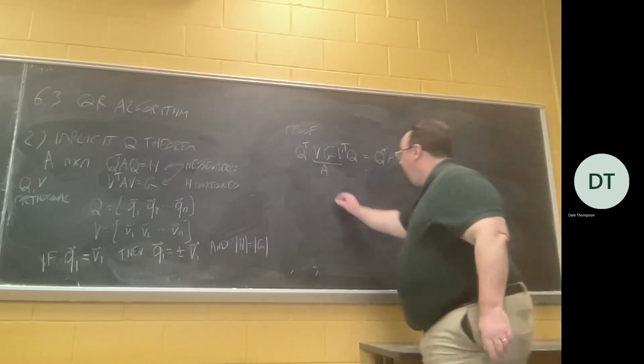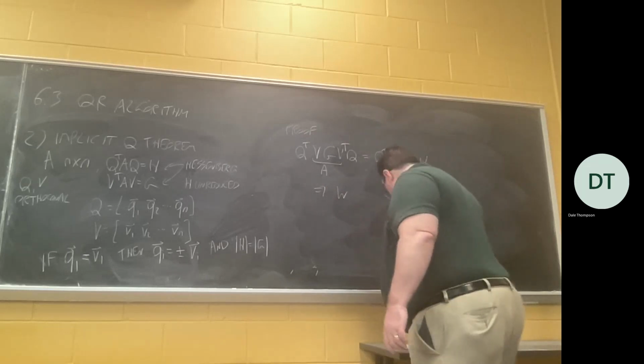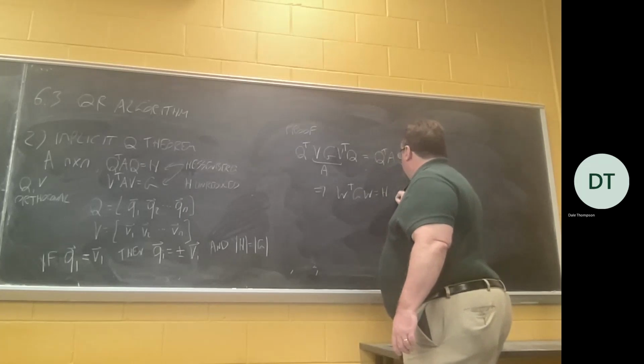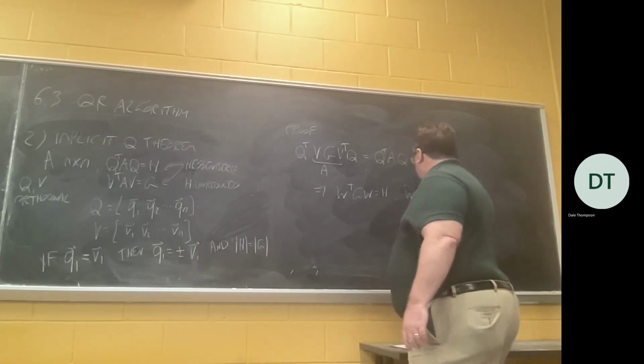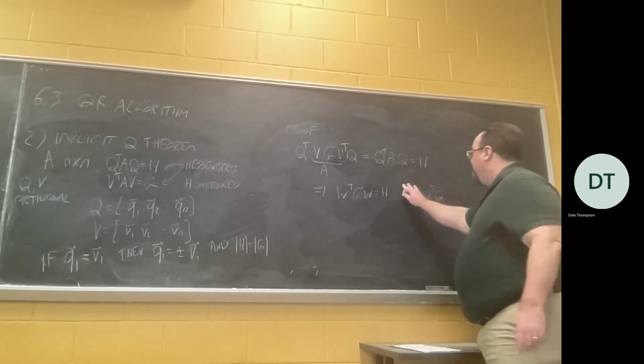In other words, I have this relationship: W transpose GW is equal to H, where W is defined to be V transpose Q.